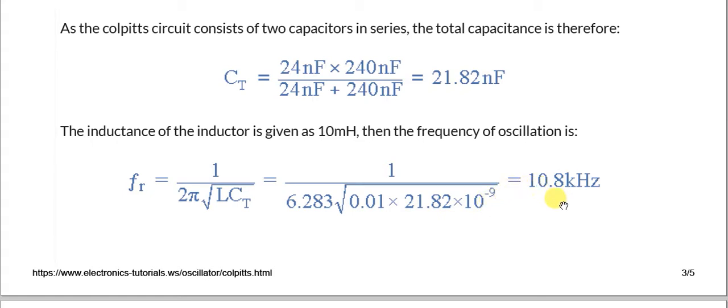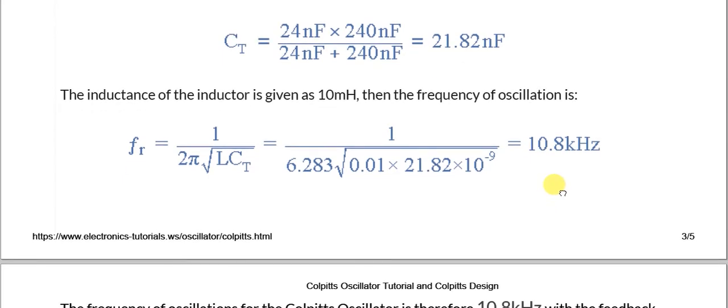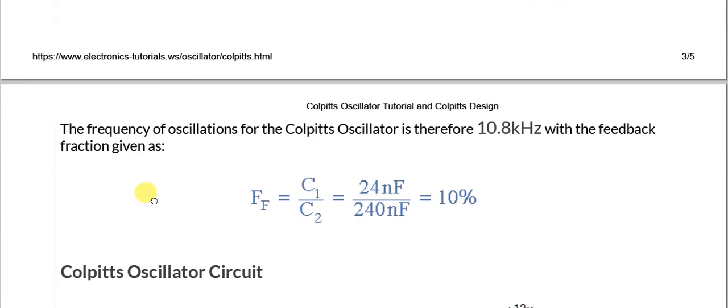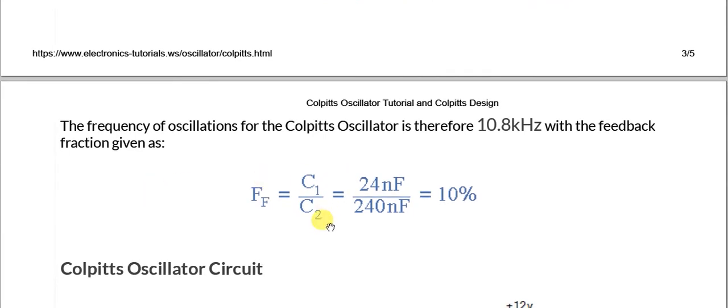This is a numerical example of the Colpitts oscillator, and the feedback fraction ratio of C1 to C2, 24 nanofarad to 240 nanofarad, is equal to 10%.